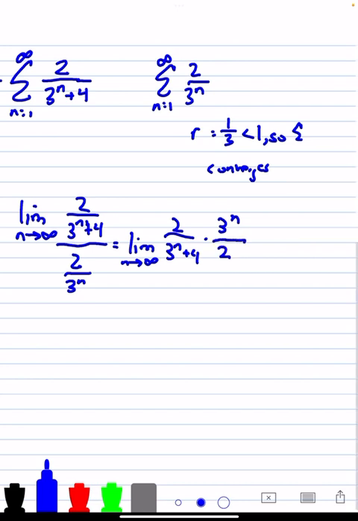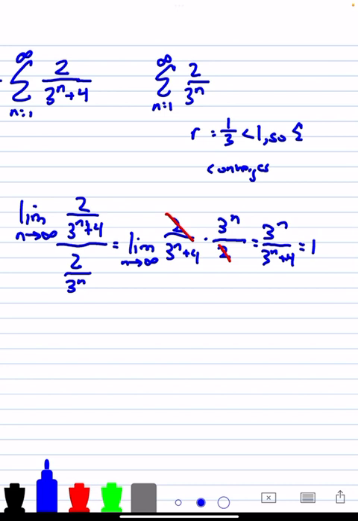Okay, so we know here that the 2's are going to cancel. Even if you multiply them across, that would have been okay. So we end up having 3 to the n over 3 to the n plus 4. As n approaches infinity, this is going to end up being 1.